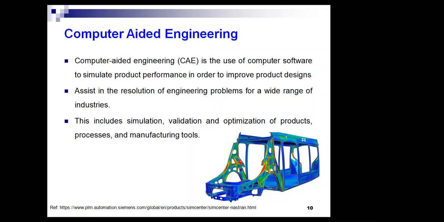And it helps to resolve the problems involved in real-time applications, starting from a single product or single part to the complete system. And mainly CAE is used as a simulation tool, a validation method, and for optimization of product and process, also in the manufacturing aspects.